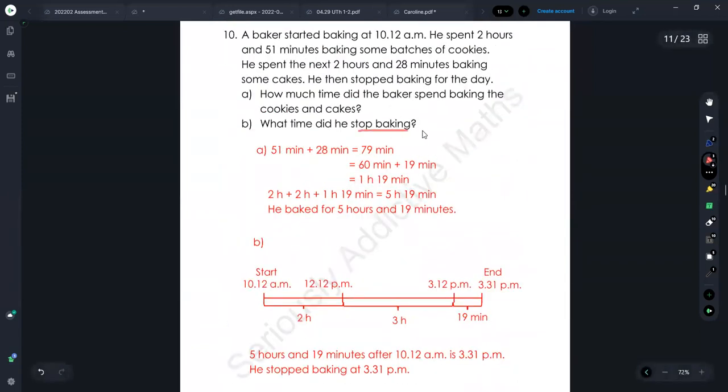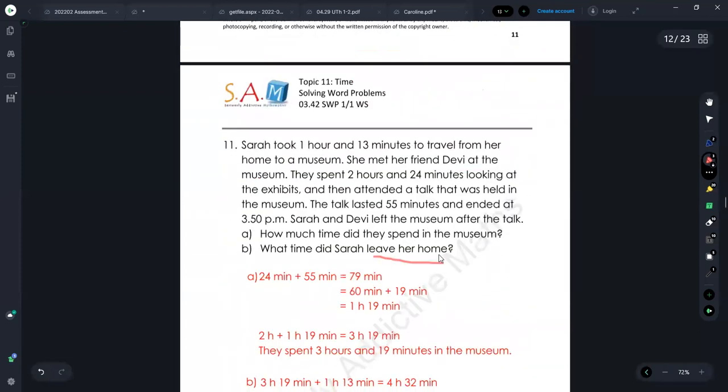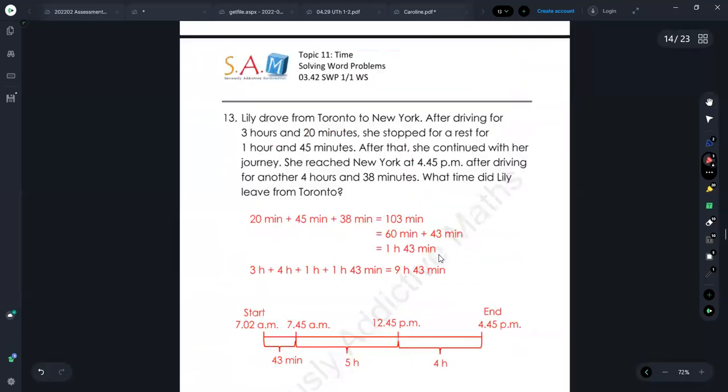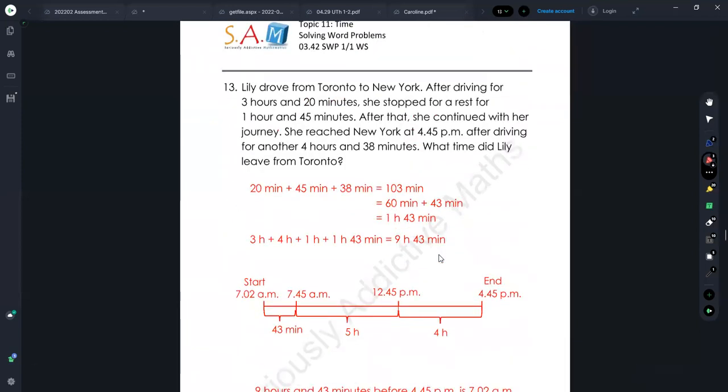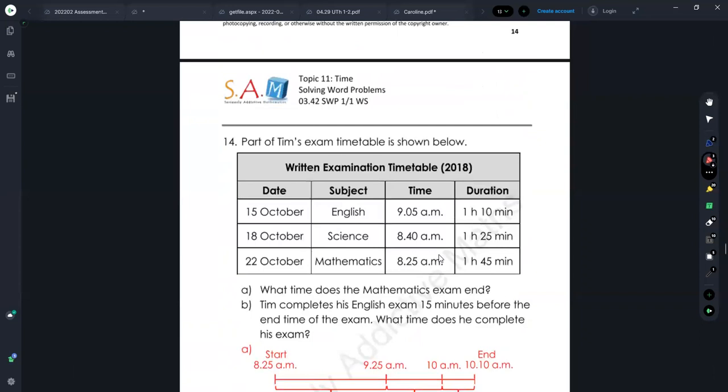So this is the end time. This is the start time. So I think it'd be good if you get them to do question 10 and 11 in class. And then after that, the rest you might want to assign as homework instead.